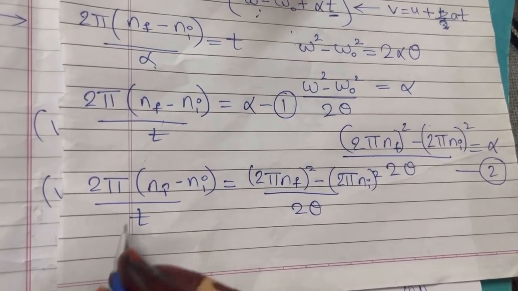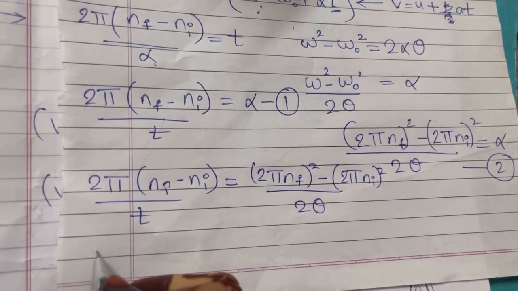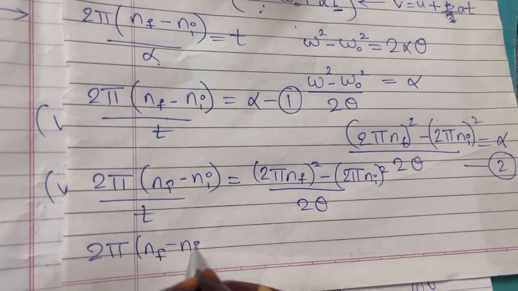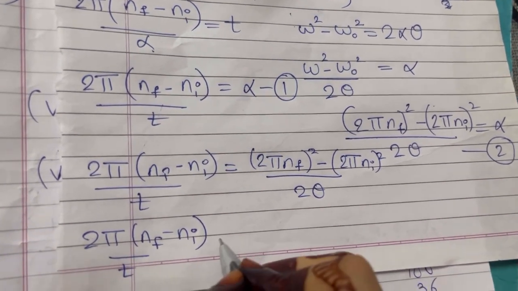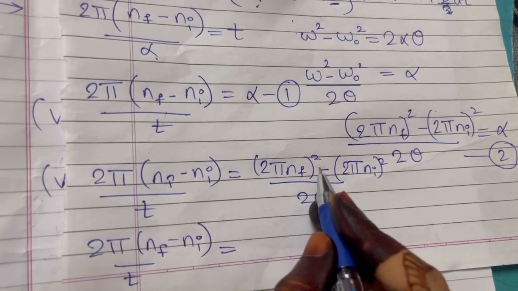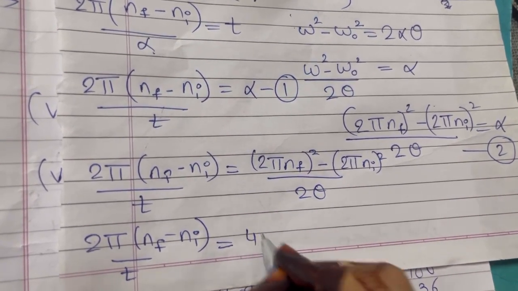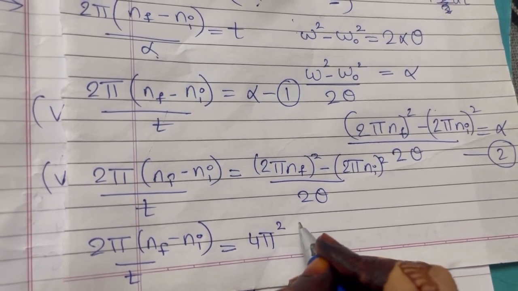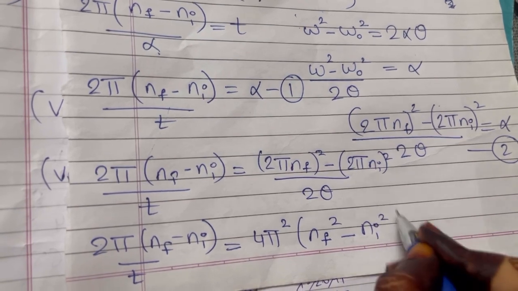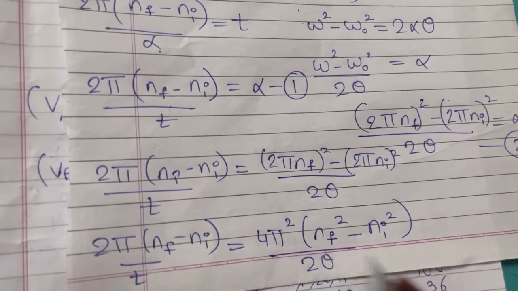Now 2 pi nf minus ni upon t is equal to, now this 2 pi and this 2 pi, we will have to take square of it. So I'll write 4 pi square, and this becomes nf the whole square minus ni the whole square upon 2 theta.